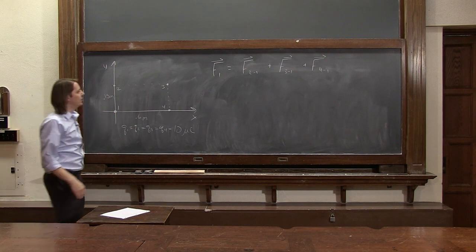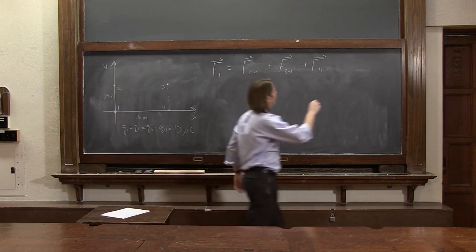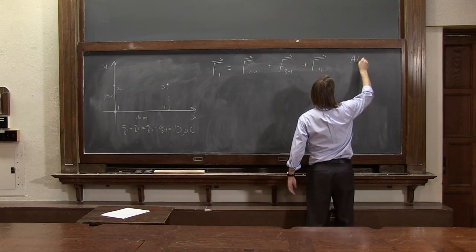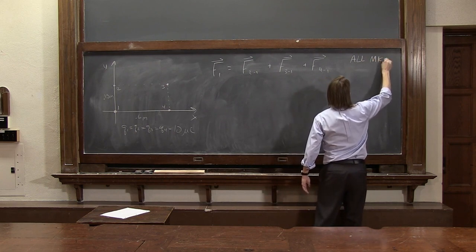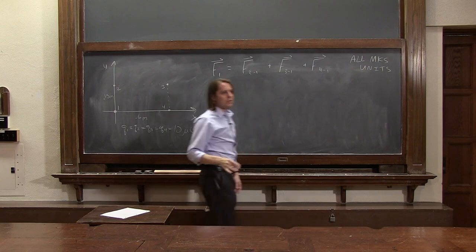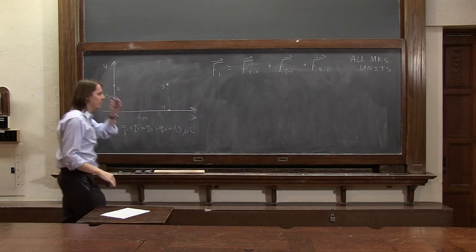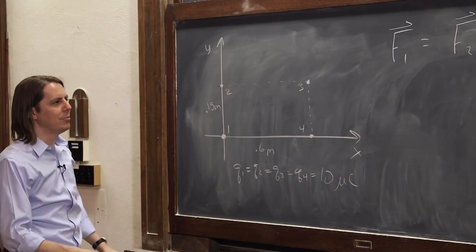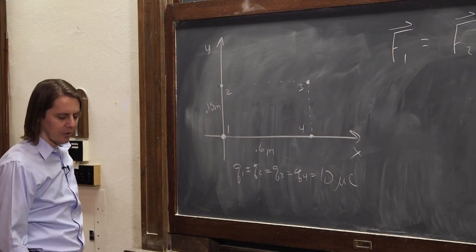Let's do 2, 1. And let me put one note. I'm going to do this all in MKS units. So I'm not going to write the unit in all the little expressions. Everything is MKS. So I'm not going to write meters and coulombs and newtons and all that.